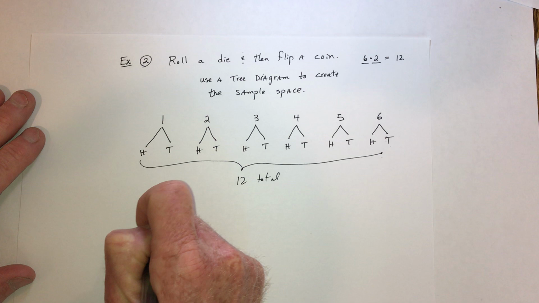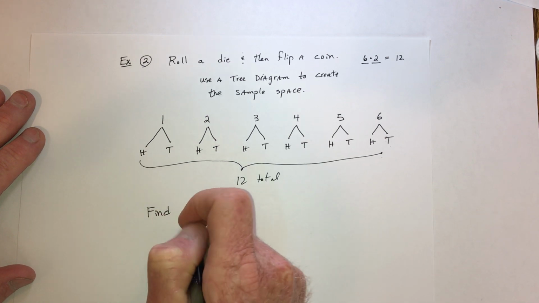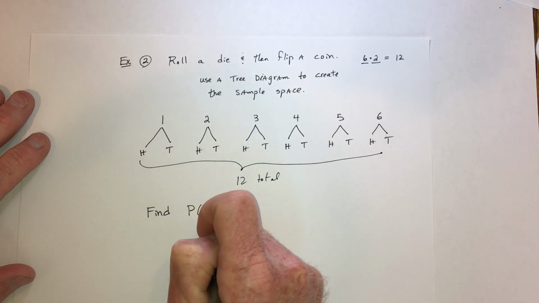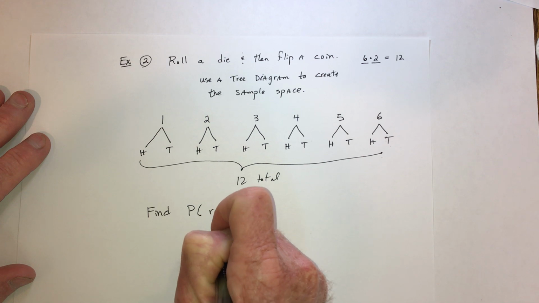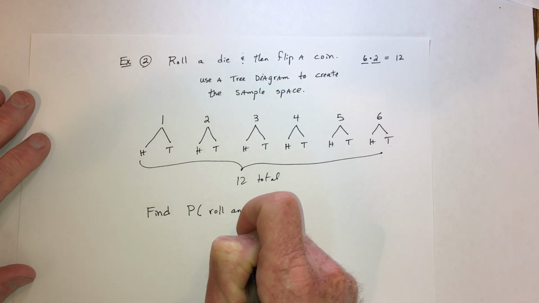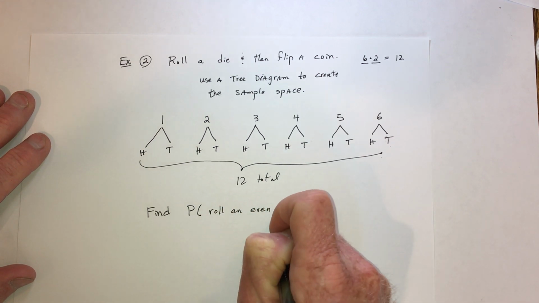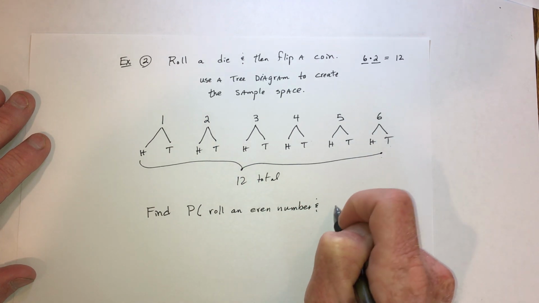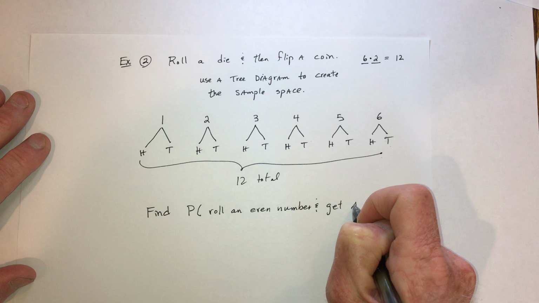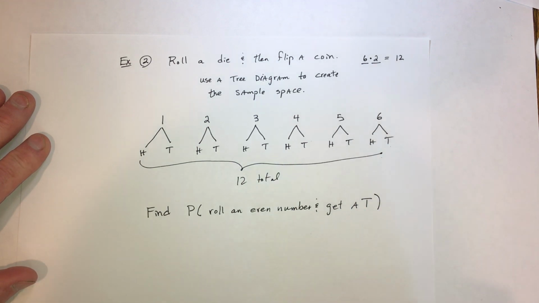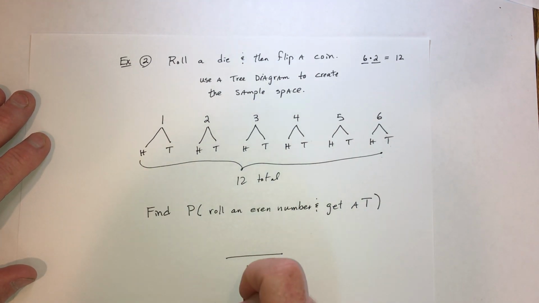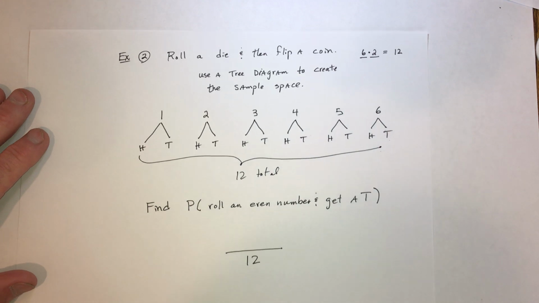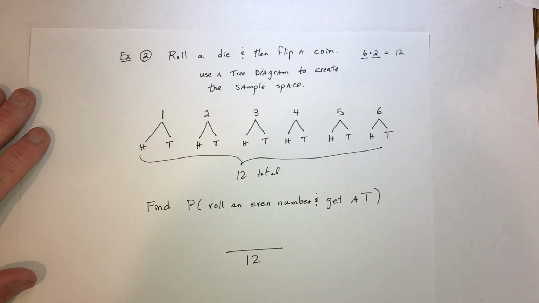Then, using this tree diagram, find the probability that you roll an even number and get a T. So I already know that there's 12 total, so I can put that part, 12 total.